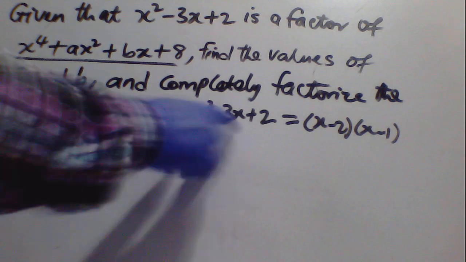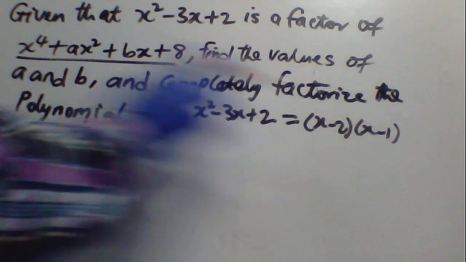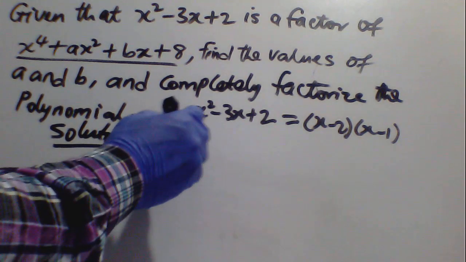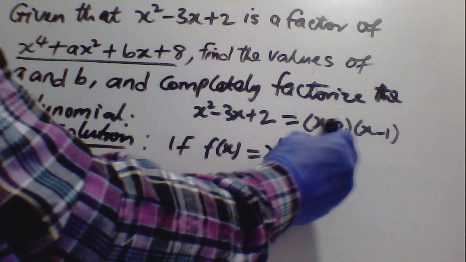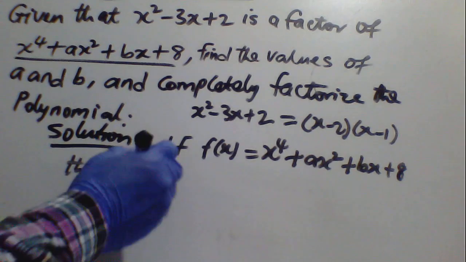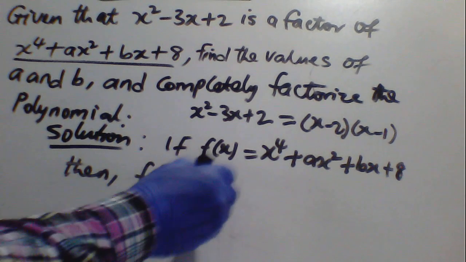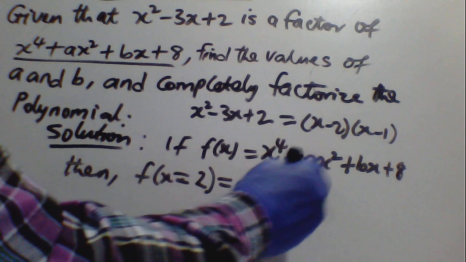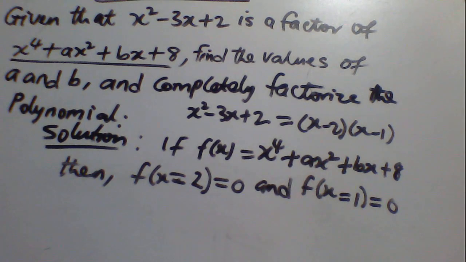Since we know that this is a factor of the given expression, it means that if f of x is equal to x raised to power 4 plus ax raised to power 2 plus bx plus 8, then since this is the factor, f of 2 will be equal to 0, and also f of 1 will be equal to 0 if you apply the factor theorem.